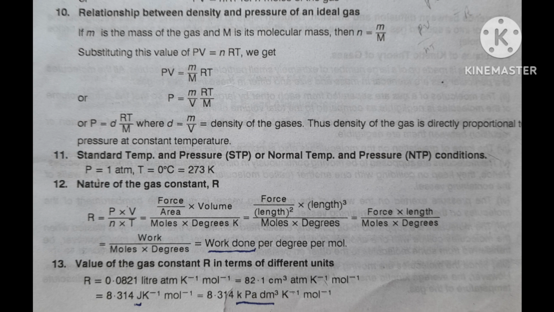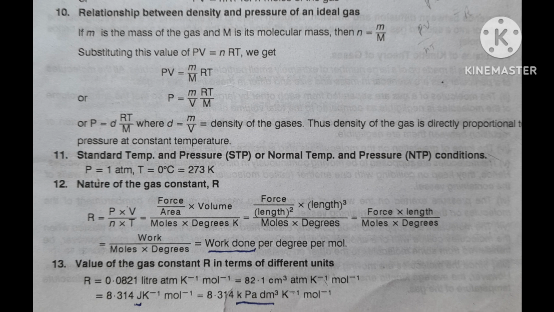Correct? And atm was there, you write atm only. And per Kelvin per mole stays as it is. Always it will be there. See, 0.0821 liter atm, you have written in centimeter cube: 10 into 10 into 10, 1 liter you can write like this, 1000. That's why you can write 82.1 centimeter cube atm per Kelvin per mole. This is the second relation for R.